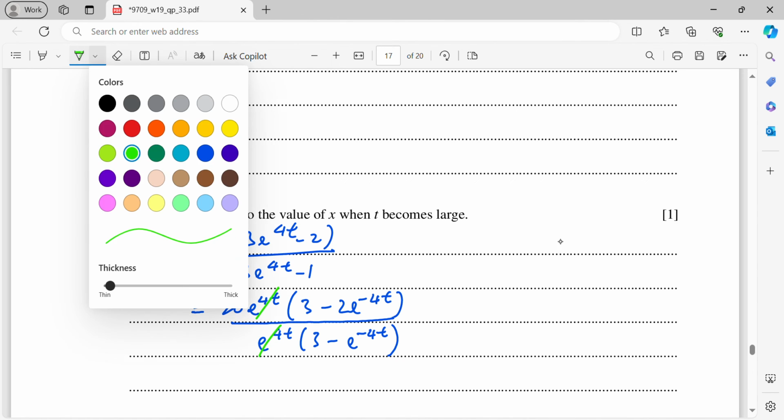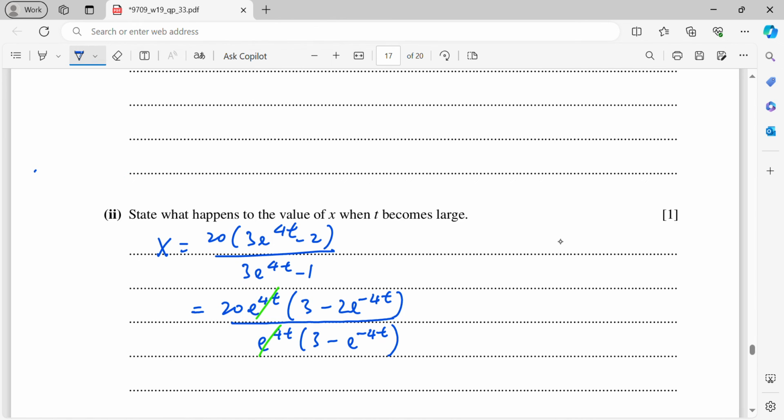So when t becomes large, that means t tends to infinity. e^(-4t) is basically 1 over e^(4t). So we know that e^(4t) will tend to infinity, but it is in the denominator, so 1 over infinity tends to 0.